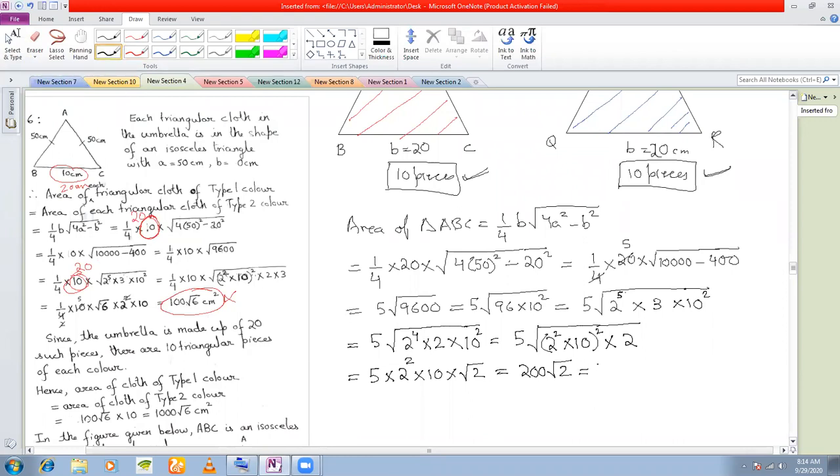So 200 root 2, and 200 root 2 is, if you want to express in decimals, 1.414, which is 2 into 100 into 1.414.